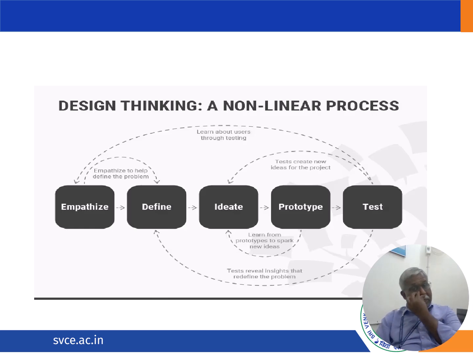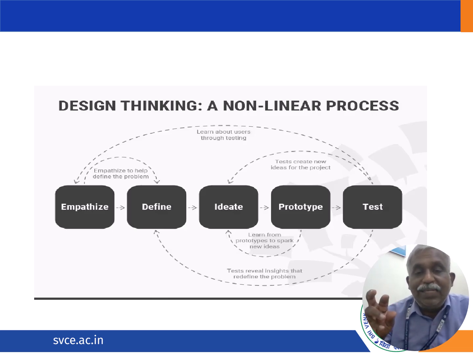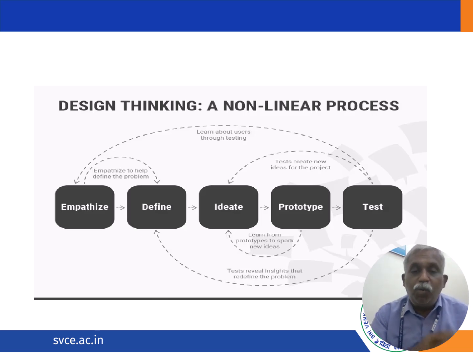We already studied what is meant by empathize, the definition, ideate, prototyping and testing, all those things. Now, coming to the picture: after empathize, we define the problem, then ideation, and finally prototyping. With the testing, we have different ways of testing. One side technology, another one the commercial area.